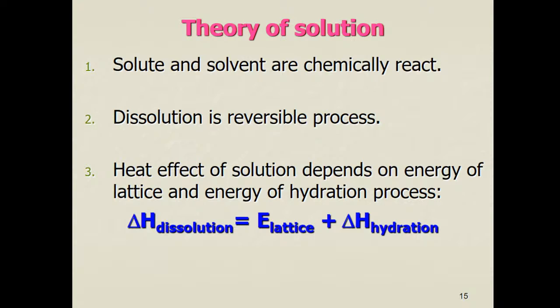Heat should always be absorbed from the surroundings to destroy the crystalline structure. And then hydration happens. Water attaches to the particles present in the lattice. It can be ionic or molecular structure, and it's always exothermic. So which one is bigger? If the crystalline structure is too strong and hydration can't compensate for it, it will finally be endothermic. If it's a poor molecular crystalline structure, hydration will have the bigger effect, and finally we will get exothermic, sometimes even strongly exothermic, but the heat effect is always present.